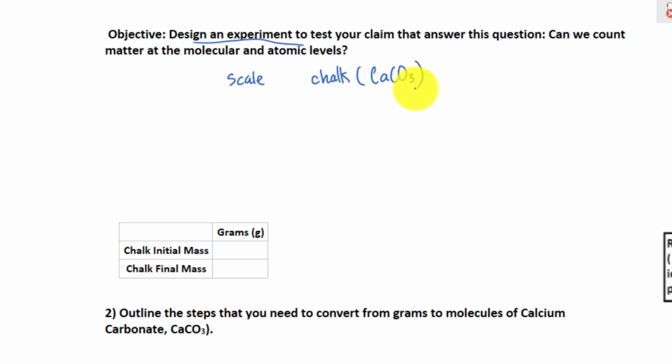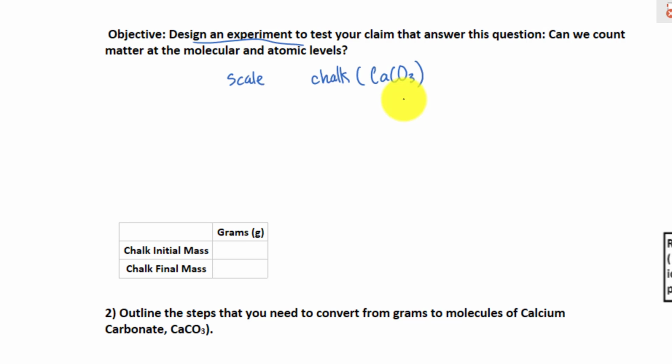And then you're going to determine, is it even possible to determine how many molecules of chalk you used to write that tweet message, or how many atoms of each of the elements are used to write that tweet message?